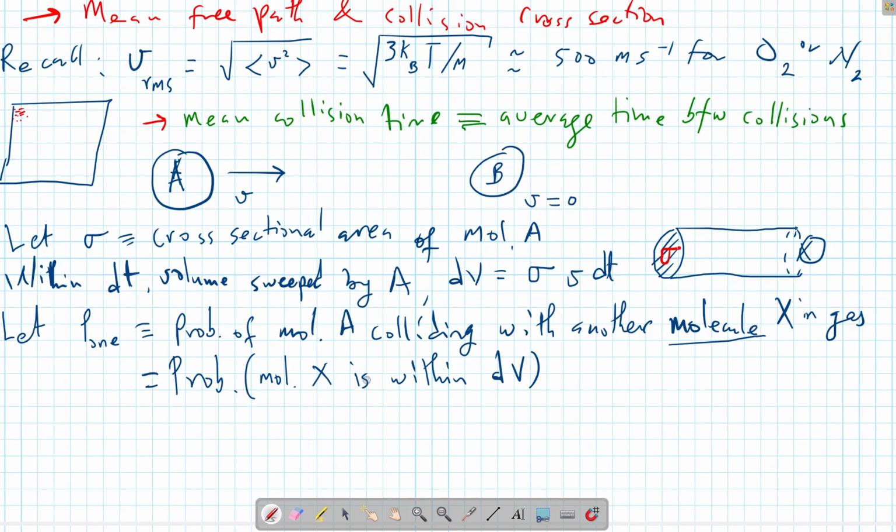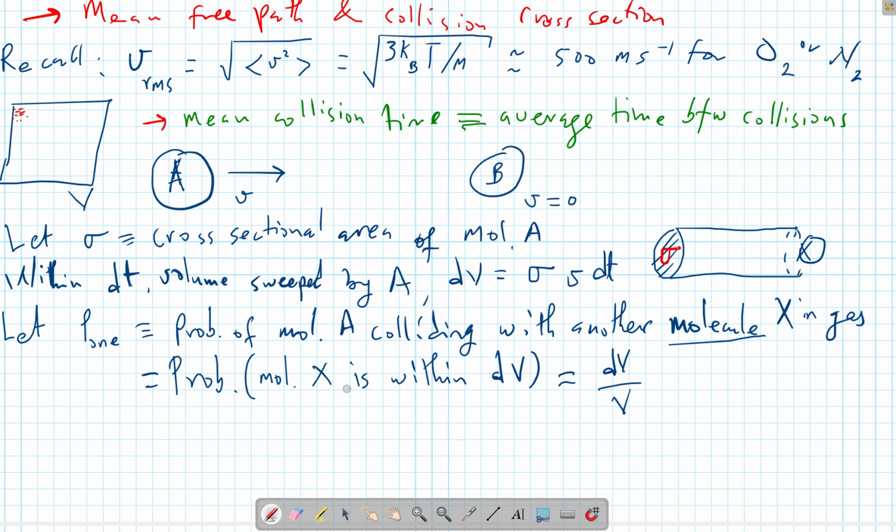Okay. And the probability of molecule X to be within the volume dV, one can imagine, is equal to dV divided by big V. So V is the total volume of the container if our container has a volume V. And if we assume that all molecules in the container are randomly, uniformly distributed, then this makes sense.